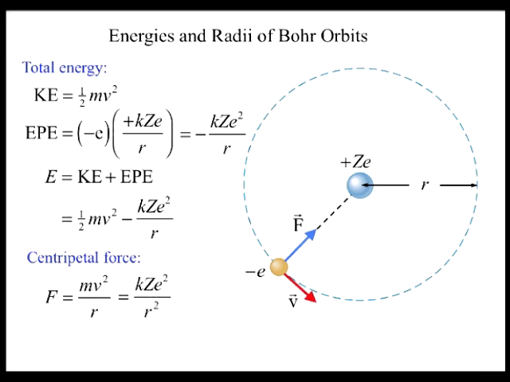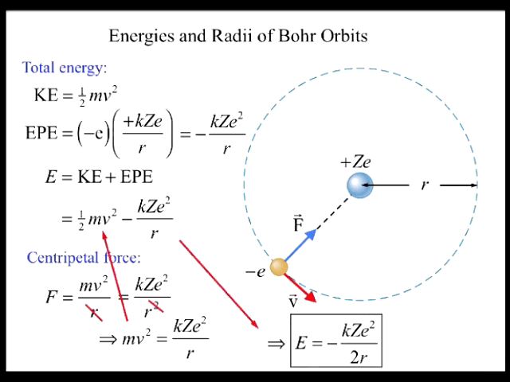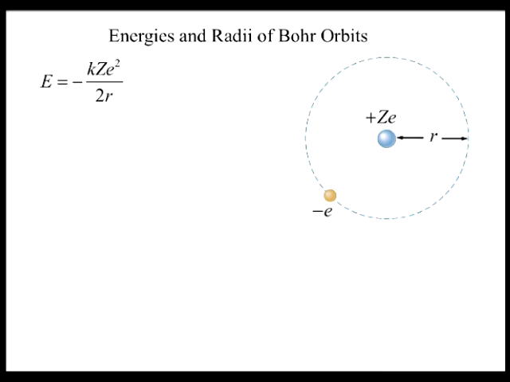Therefore, mv squared divided by r equals kZe squared divided by r squared, or mv squared equals kZe squared divided by r. Substituting this into our equation for E and simplifying, we obtain E equals negative kZe squared divided by 2r. The total energy of the atom is negative because the negative electric potential energy is larger in magnitude than the positive kinetic energy.